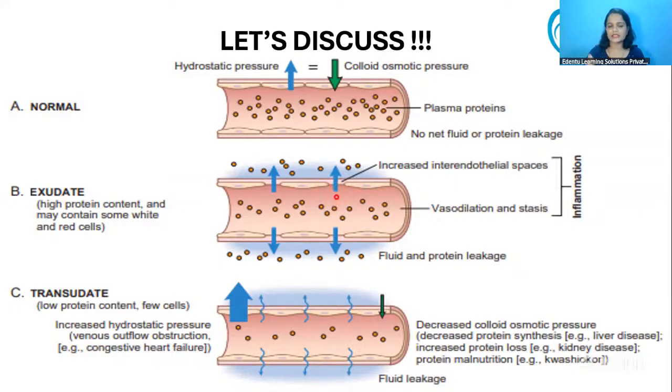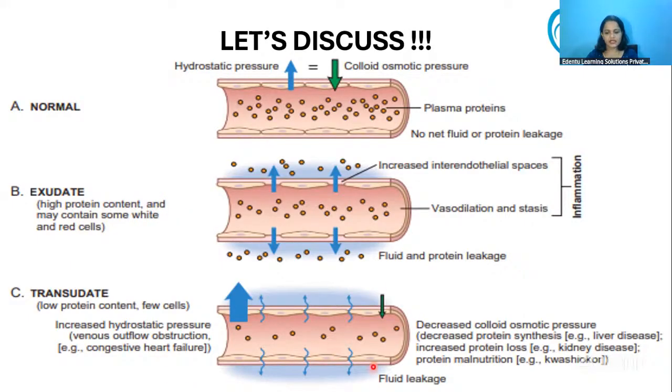The fluid, the cells and the protein go outside, so fluid and protein leakage is happening. That will create an exudate with high protein content, and sometimes cells can also be seen.